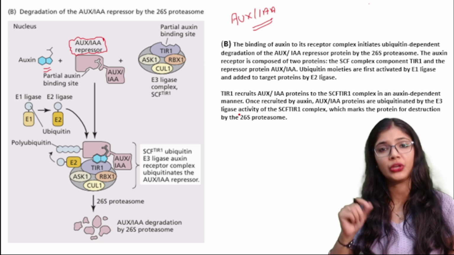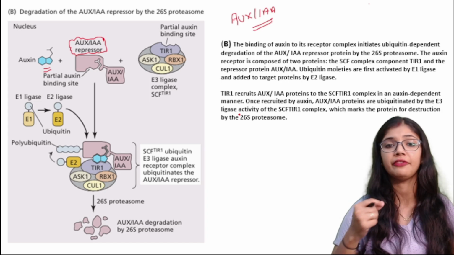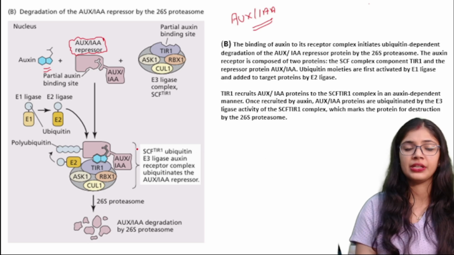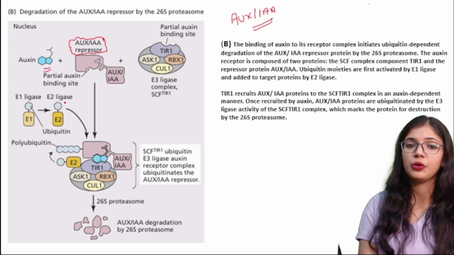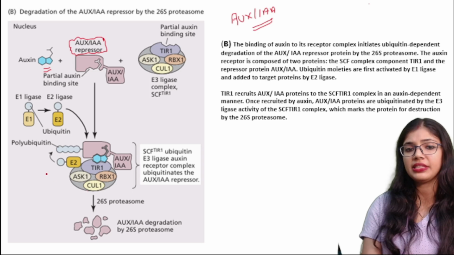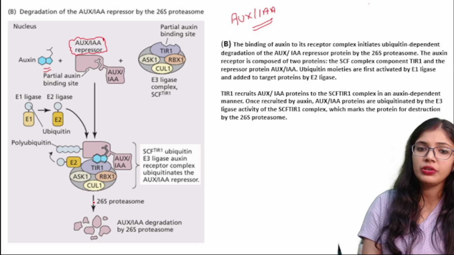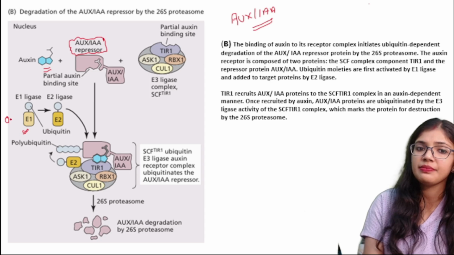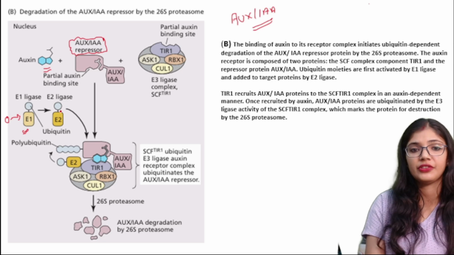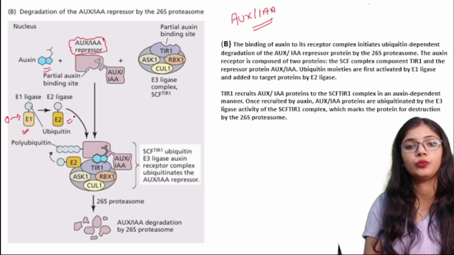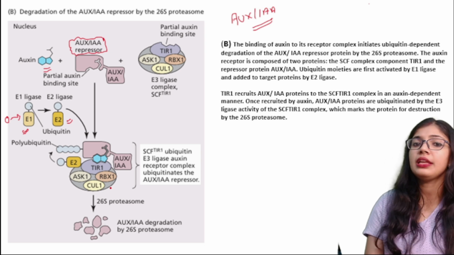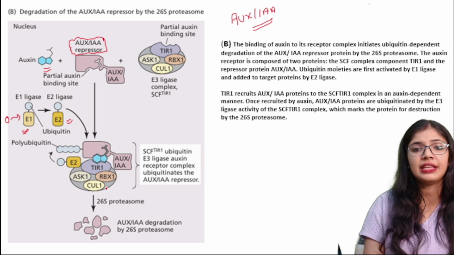So the genes which are required for the growth and development of the plant will be synthesized. When auxin is present, it activates this E3 ubiquitin machinery. Like we can see here, the ubiquitin is activated by E1 and transferred to E2. And E2 forms a complex with the E3 ligase complex.